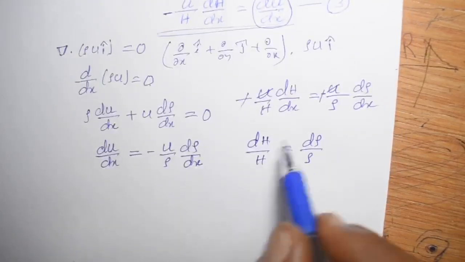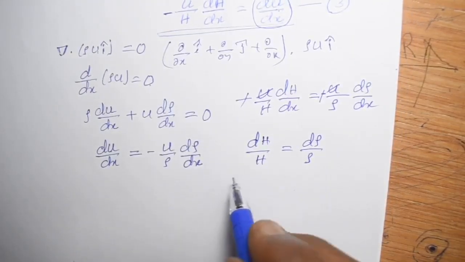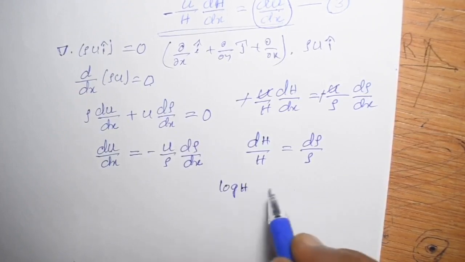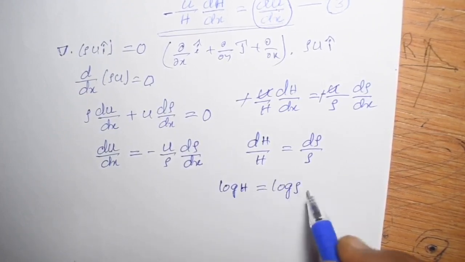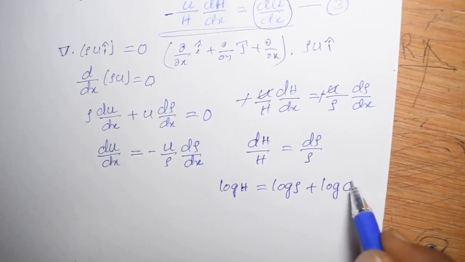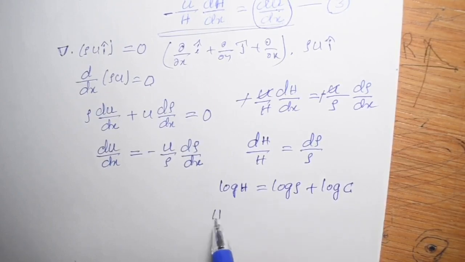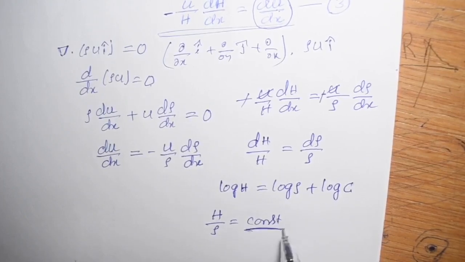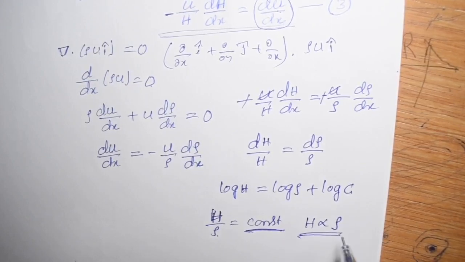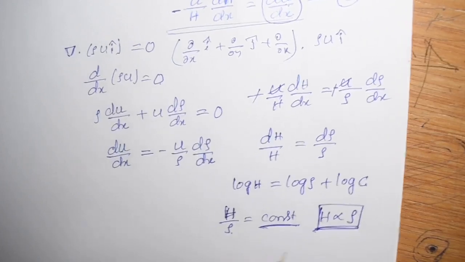So now upon integration you are going to get log of h is equal to log of rho plus some constant log of c, or by removing the logarithm on both sides you can write h by rho is equal to constant. What does it mean? It means h is proportional to rho. The magnetic field is proportional to the density. Okay. So this is about one problem.